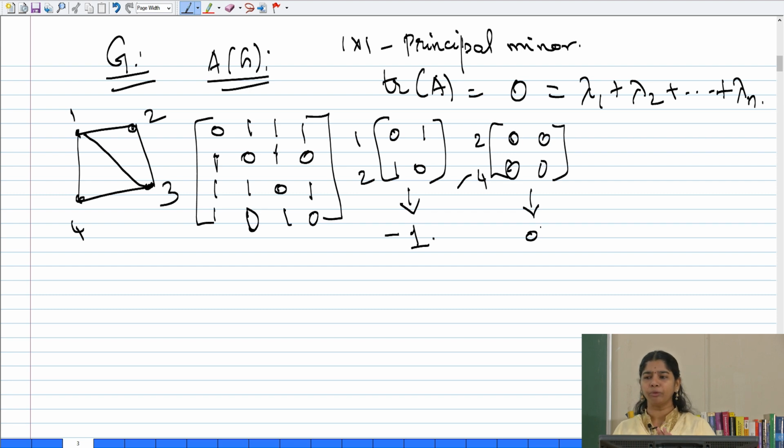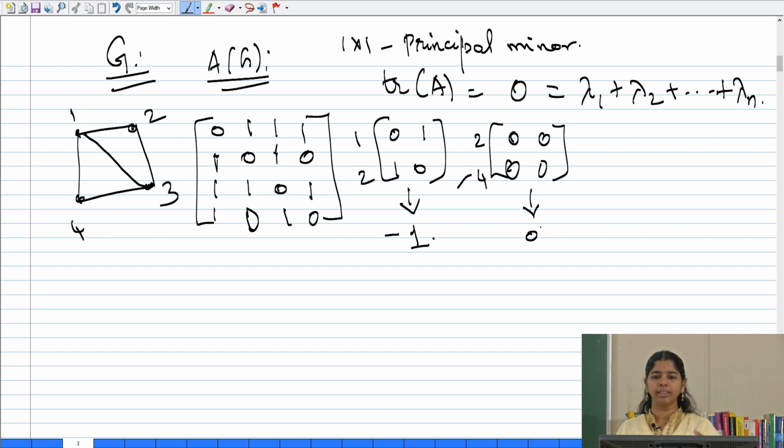So, what will happen to our corresponding coefficient, the coefficient of lambda power n minus 2? It is nothing but the sum of all 2 by 2 principal minors, right. So, that means what? A principal minor gives me the value minus 1 if there is an edge between the corresponding vertices or the corresponding rows, right.